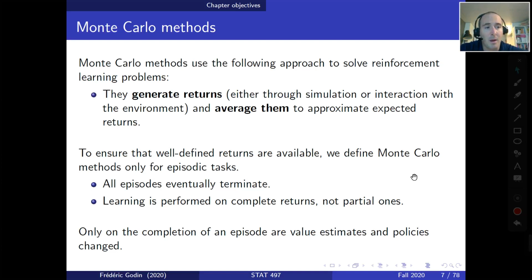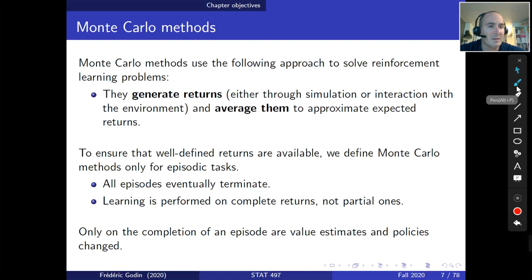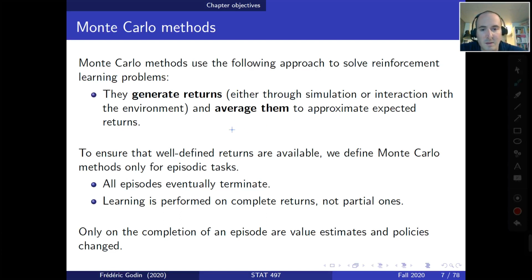In practice, though, we can often approximate a continuing task by an episodic task. I'm going to write this, since I haven't written it in the slides, but it's good for you to know. The return at some time t, we defined as the sum, j goes from 1 to infinity, of R_{t+j} times gamma to the power j minus 1.